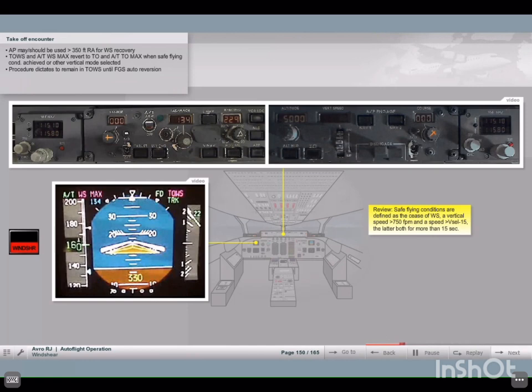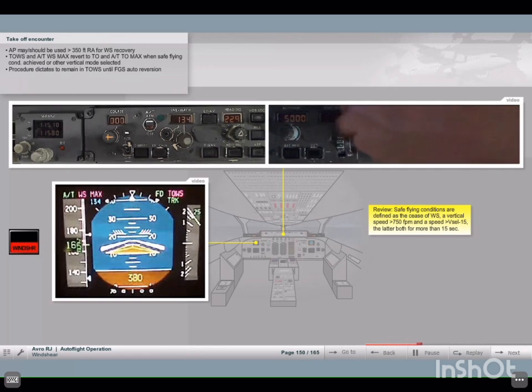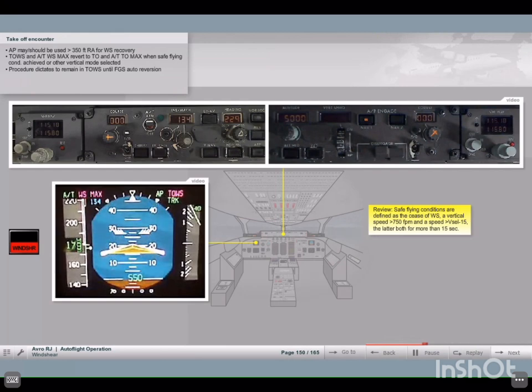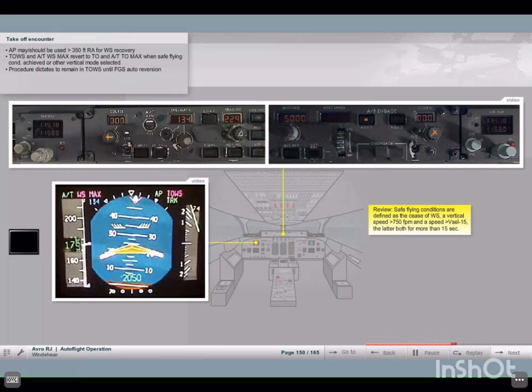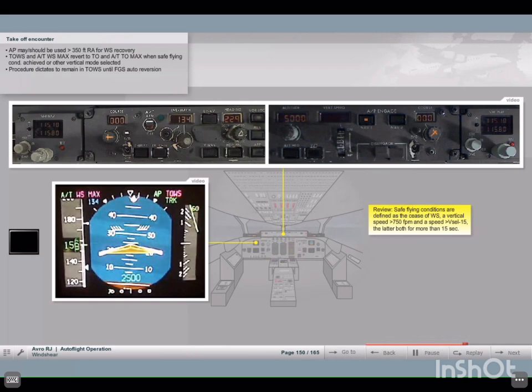TOWS reverts to TO, and autothrottle WS max reverts to TO max when safe flying conditions are achieved, or another valid vertical mode is entered.